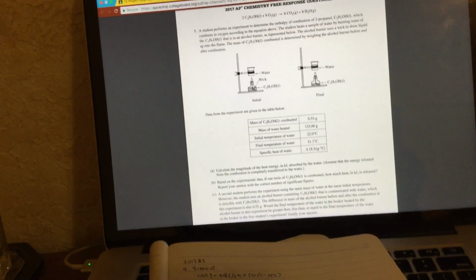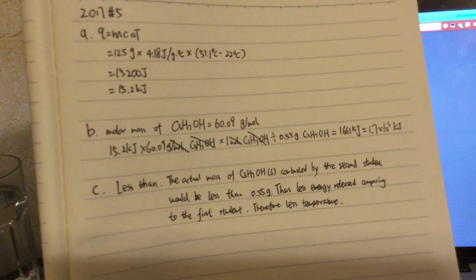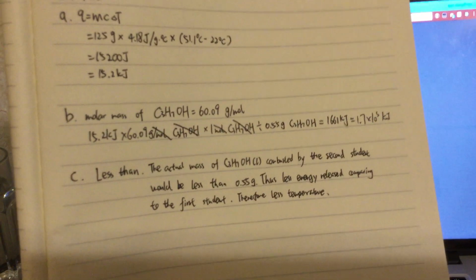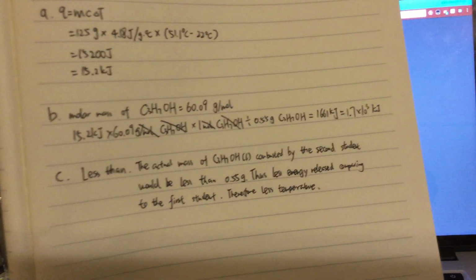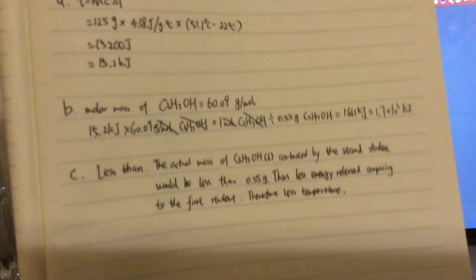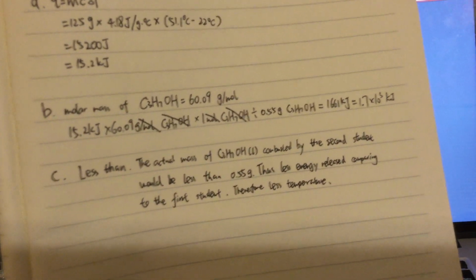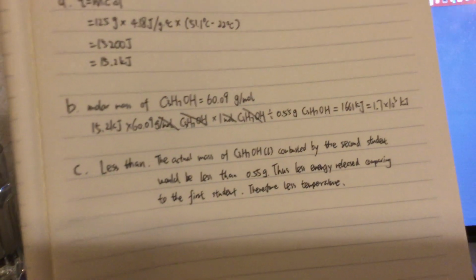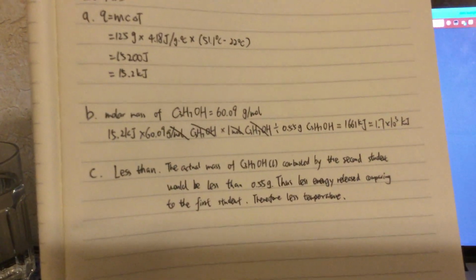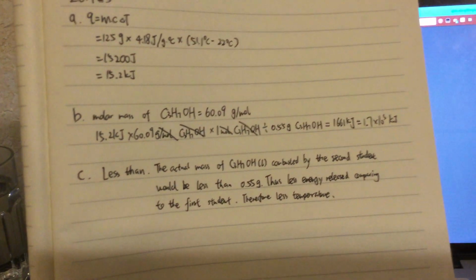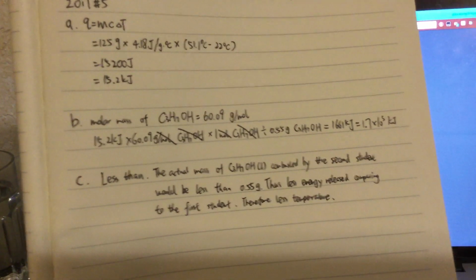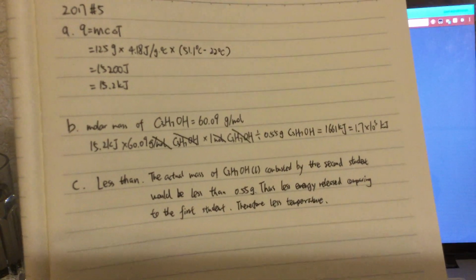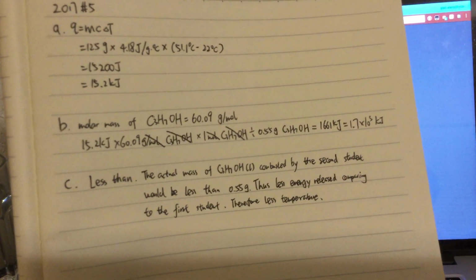So even though they have the same mass combusted, the second one is mixed with water, so it has a lower concentration, it actually has less alcohol in it. So we can say the actual mass of the compound combusted by the second student will be less than 0.55 gram. Thus less energy is released compared to the first student, therefore a lower temperature.